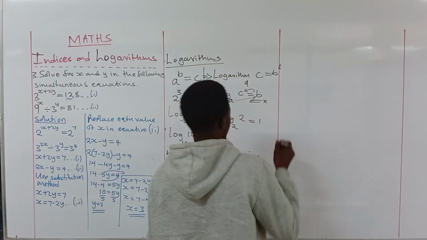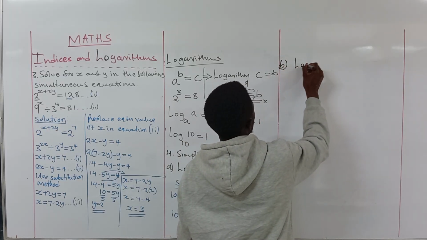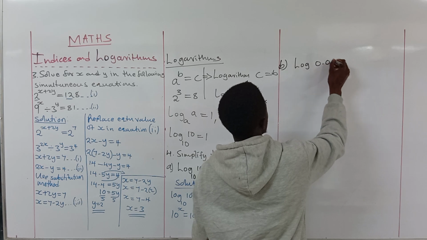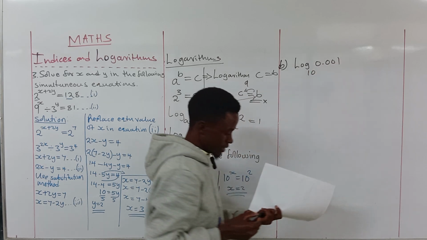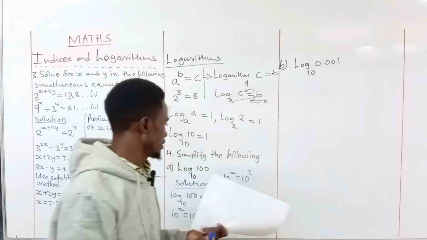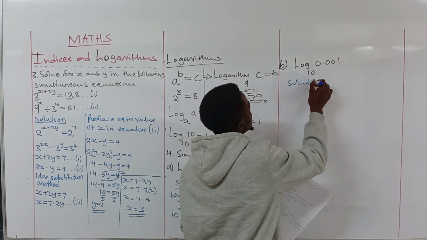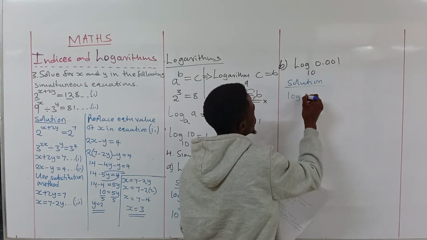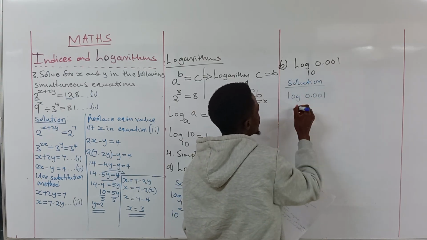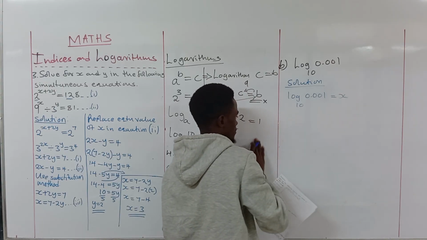So we have the second part, log 0.001 base 10. In that case, you are going to do it the same way. Log 0.001 is going to give us an answer which is x.